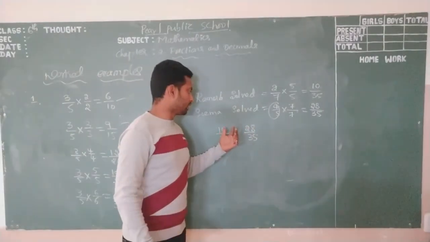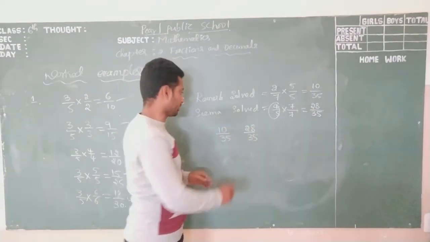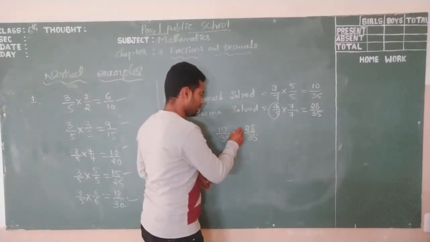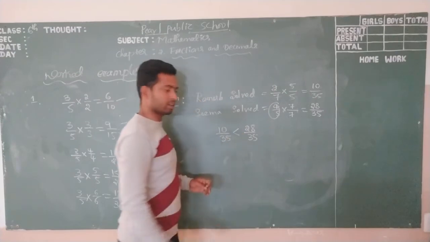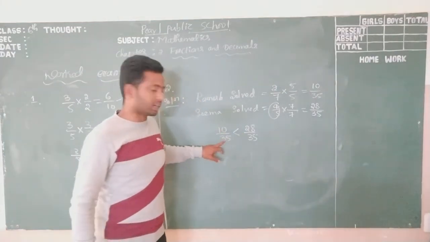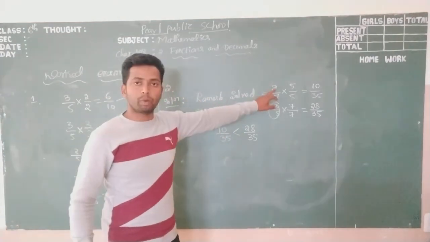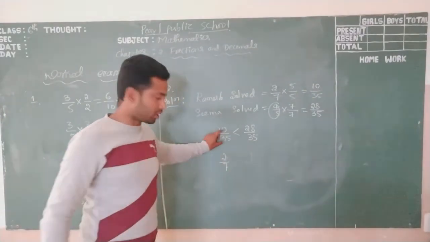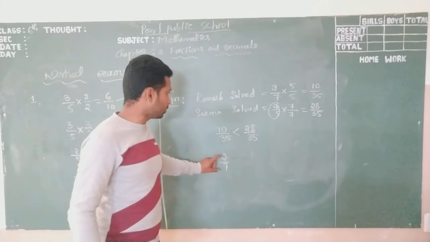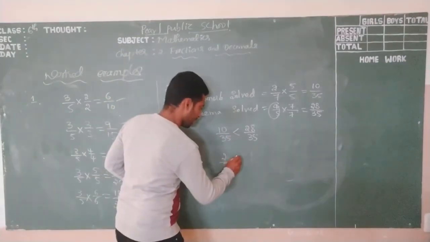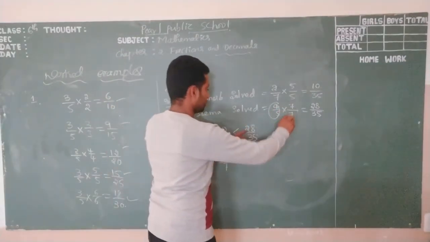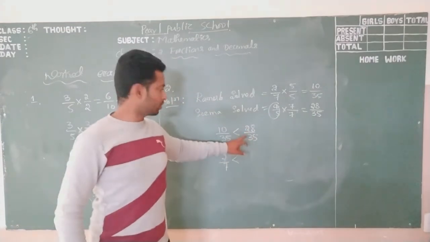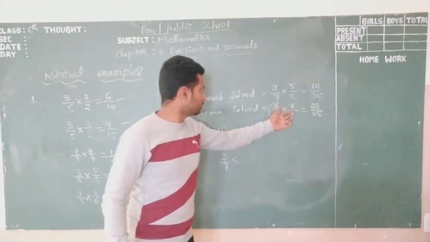Here 10 is less than 28. So this 10 by 35 is an equivalent fraction of 2 by 7, which is less than 28 by 35, the equivalent fraction of 4 by 5.